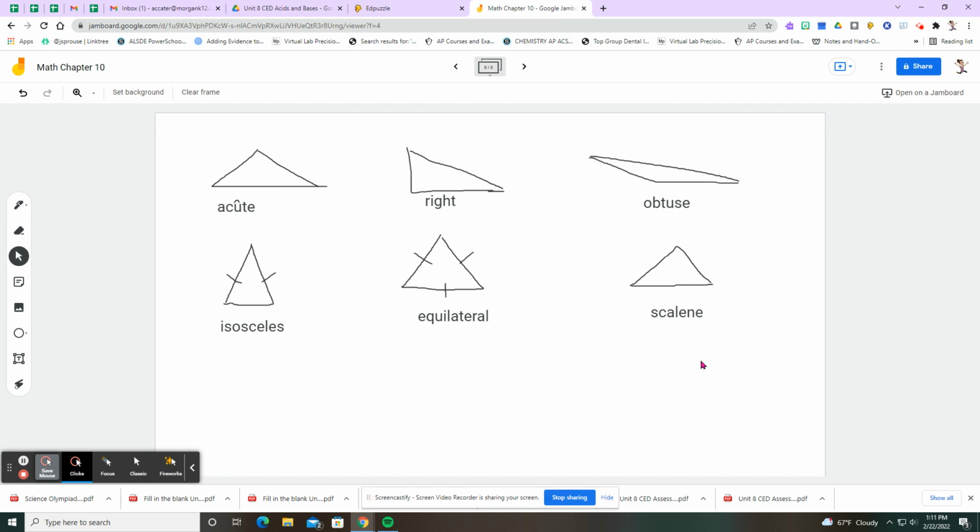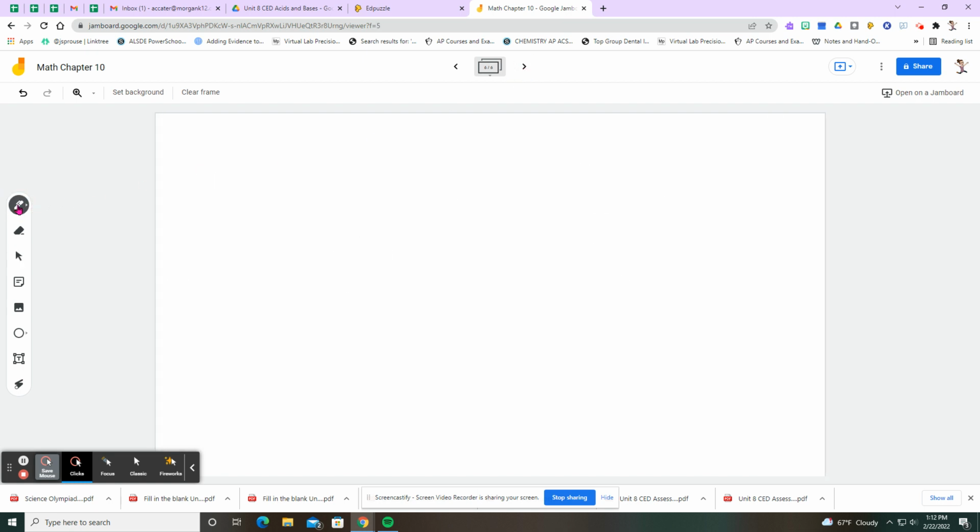All right, so similar triangles is a big deal. So if you look at two triangles, figure 10.18 in your book, let's see if I can draw it up here. So we have that and that and this.